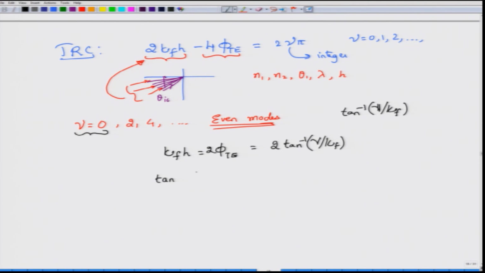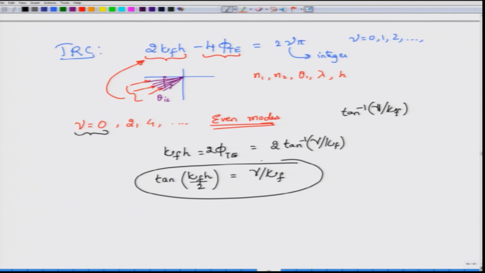So, the condition is that tan of kappa f h by 2 must be equal to gamma divided by kappa f. This is the simplified condition. Although we derived it for nu equal to 0, it is true for all even modes. So, for all even modes, the transverse resonance condition can be simplified by writing tan of kappa f h by 2 equals gamma by kappa f.